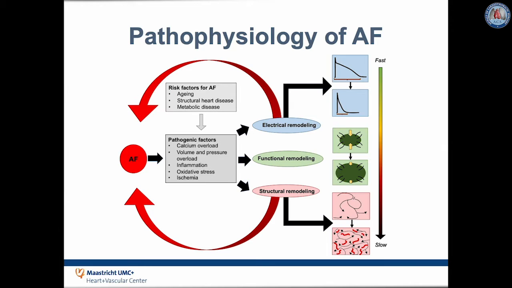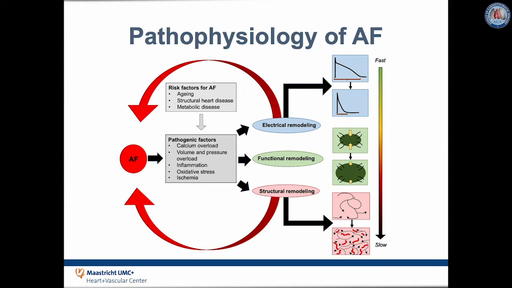To fully understand the rationale behind hybrid AF ablation, we need to dive into the pathophysiology of AFib. Several pathogenic factors lead to three remodeling processes that are important for atrial fibrillation. First of all, there is electrical remodeling, leading to a shortening of action potential duration and refractory period, and thereby facilitating rapid conduction.